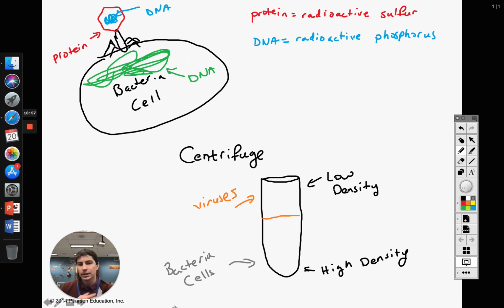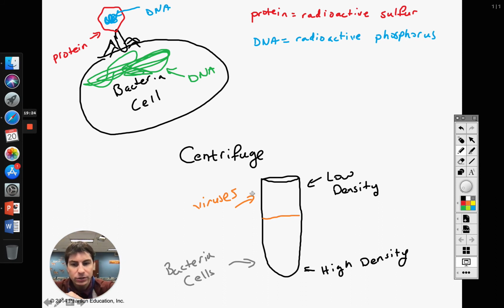Okay? Now, the viruses up here, we're going to see both the sulfur and the phosphorus in our radioactive protein and DNA. We're going to see that up there. Okay? But we don't care about what's up top, because we don't care about the viruses. We know the viruses had the protein. We know the viruses had the DNA.